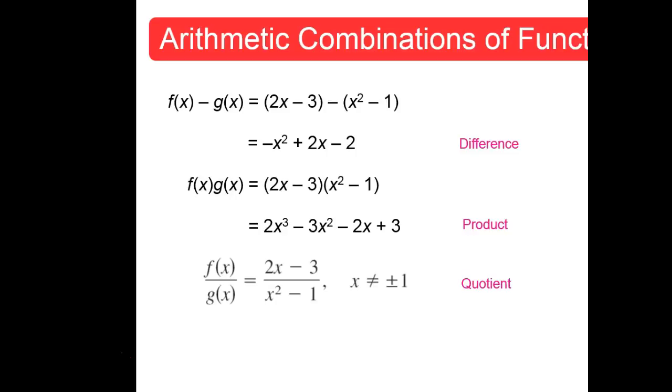So if you do f of x minus g of x, now again, this set of parentheses doesn't really help you much. This one is important. Parentheses here, but here what do you do? Distribute the minus sign across the parentheses. That becomes a minus x squared plus 1, right?